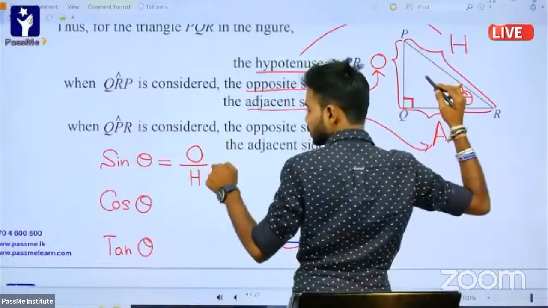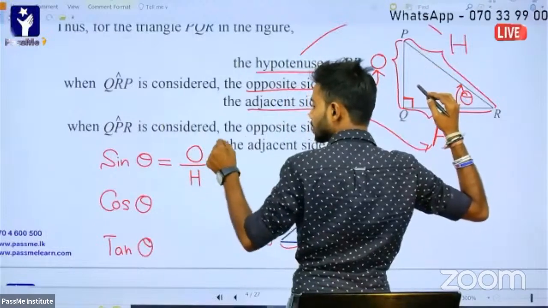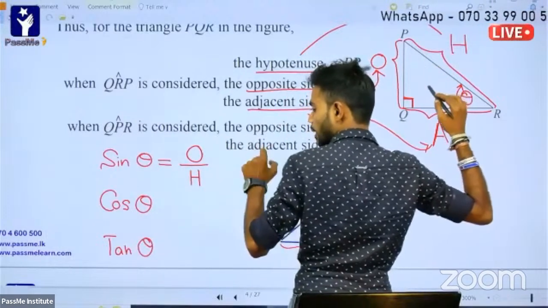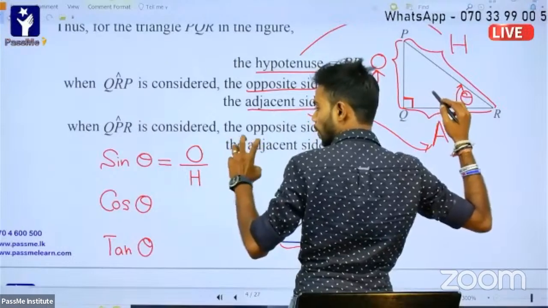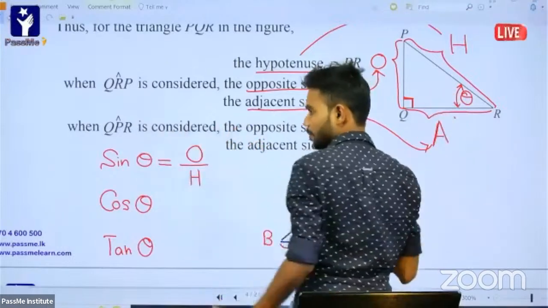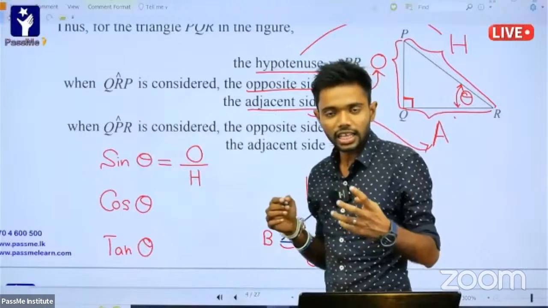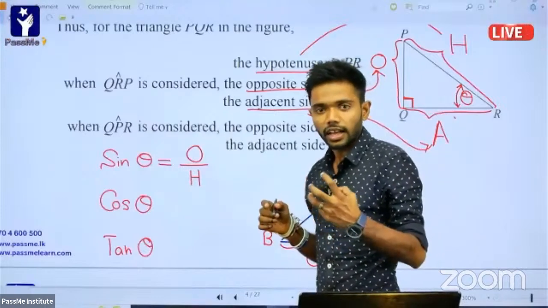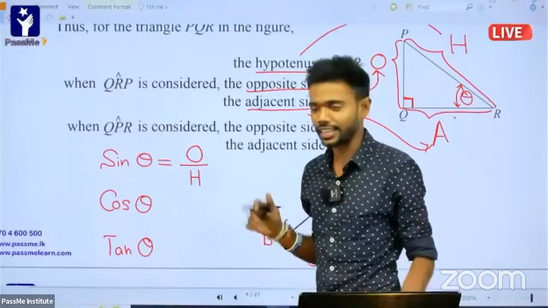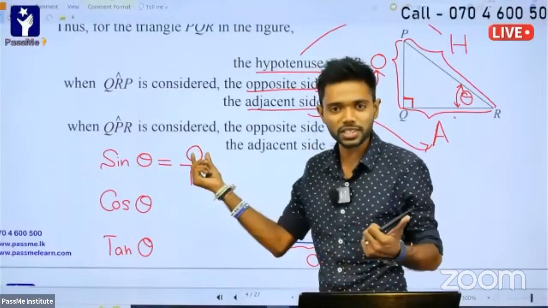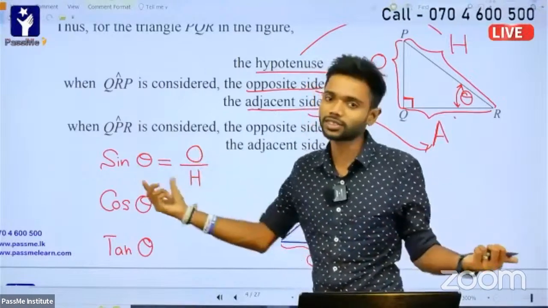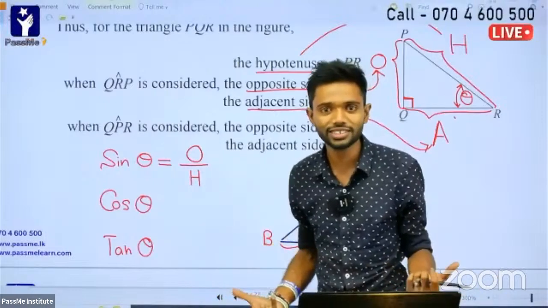So 5 centimeter divided by 10 centimeter, that is 5 divided by 10, 0.5. 0.5 is the answer for sin theta. So if you know the opposite side and the hypotenuse, you can calculate sin theta. That's what you need to do.